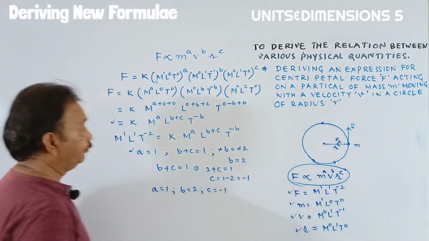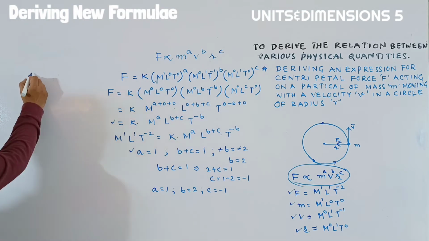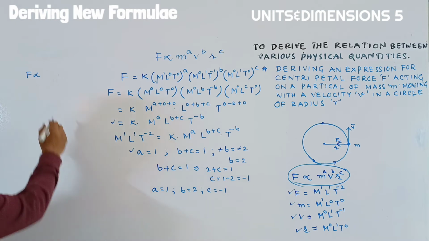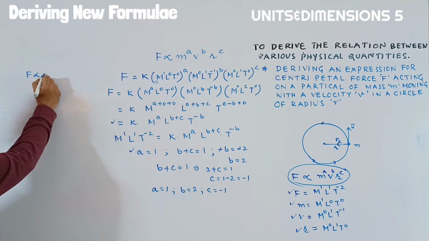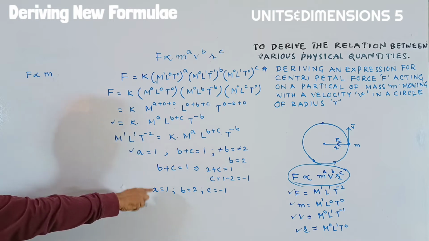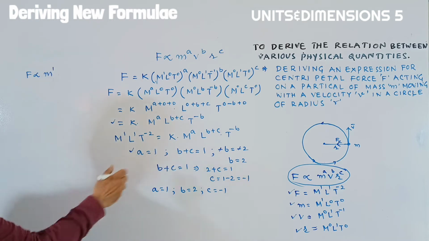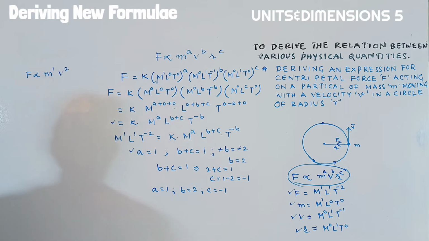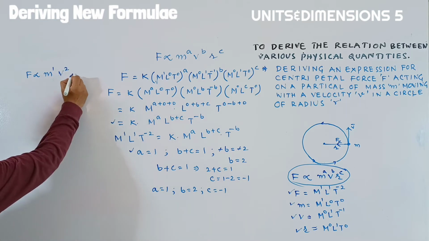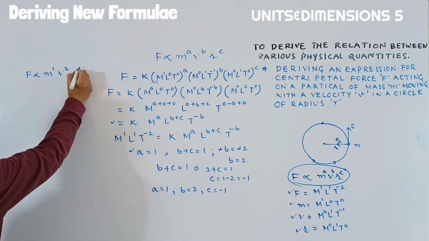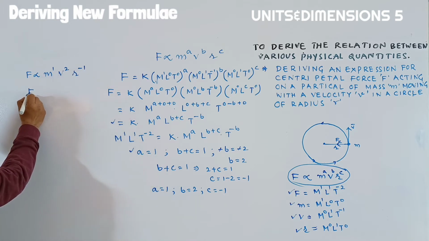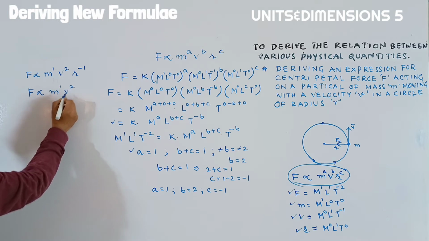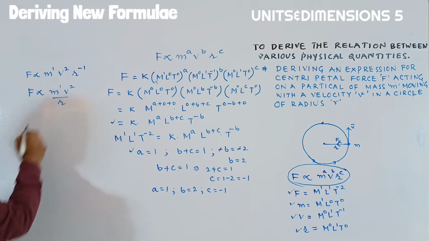We have to write it as F is proportional to m to the power of a, which means m to the power of 1, and v to the power of b, b is equal to 2, and r to the power of c, c is equal to minus 1. Or you can write F is proportional to m to the power of 1, v square by r.